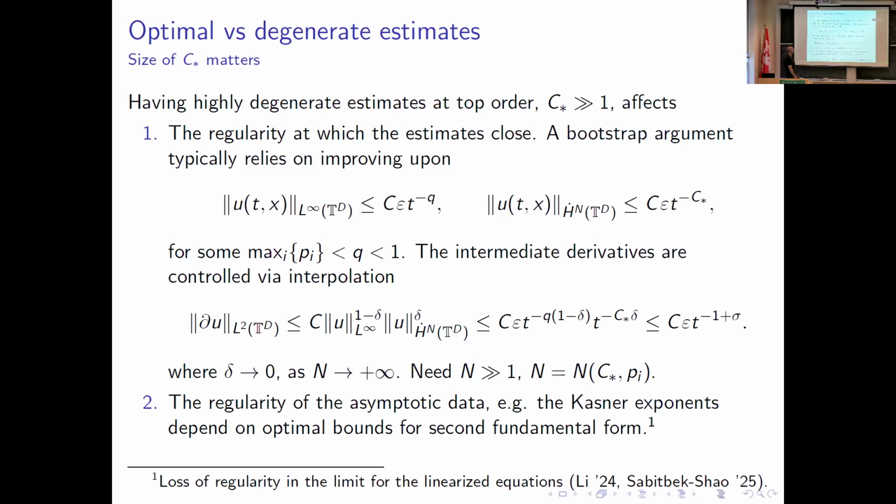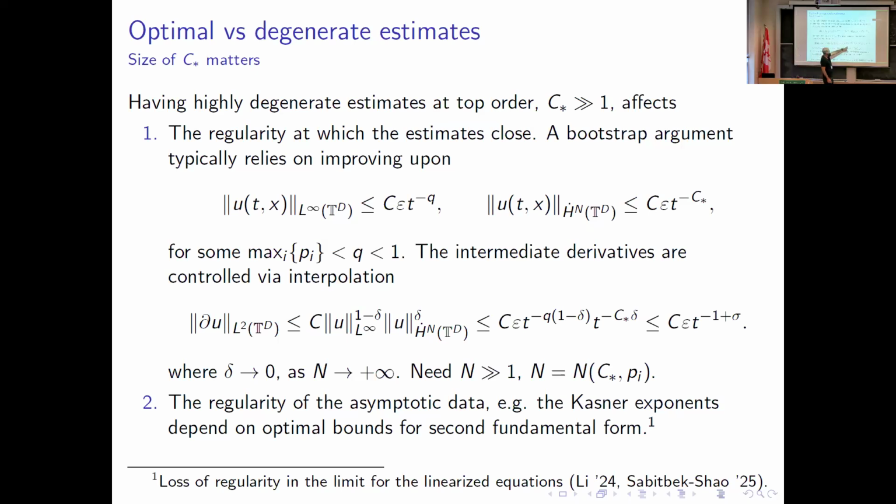Then you also need Q, which is less than 1, but lower bounded by the values of the background Kasner exponents. So if you're very close to the degenerate case, 1, 0, 0, then Q is very close to 1.